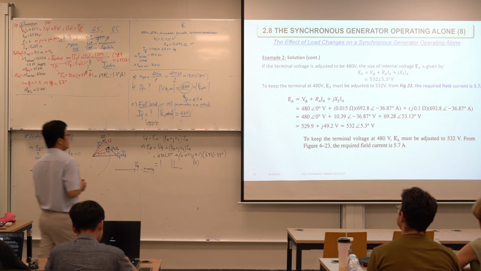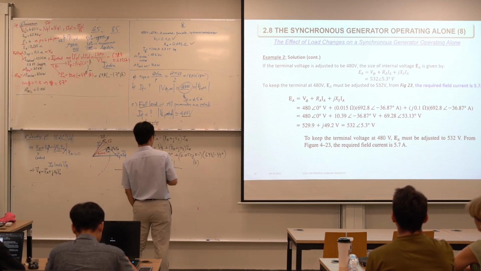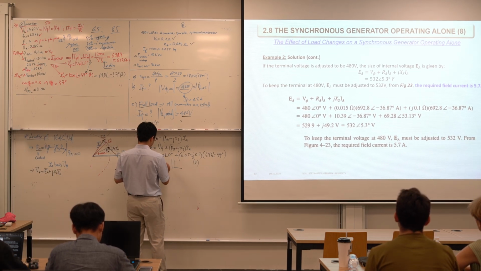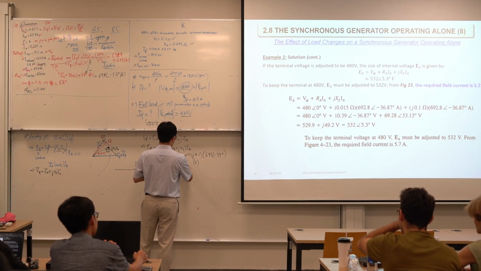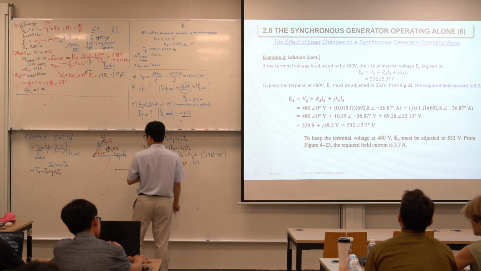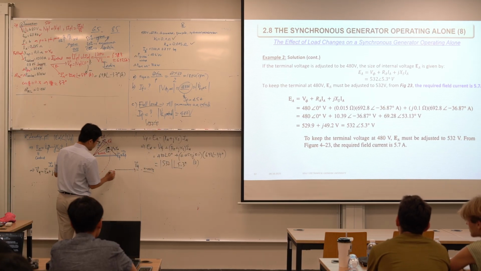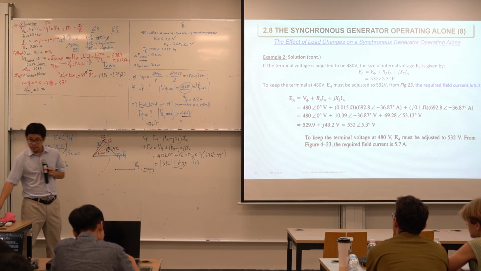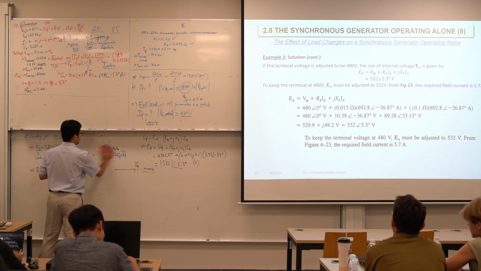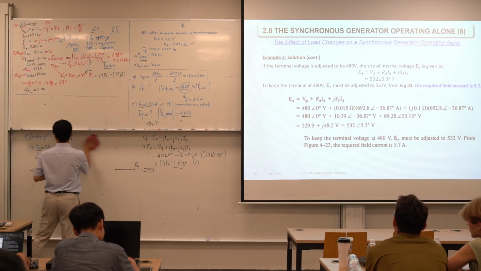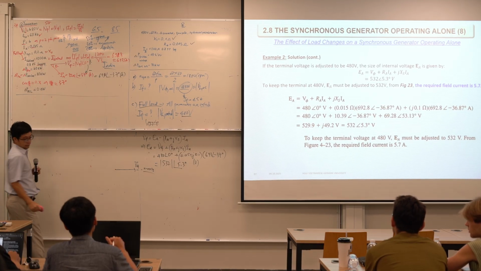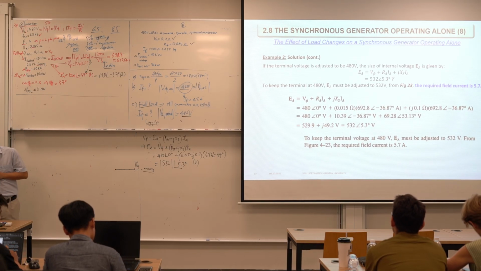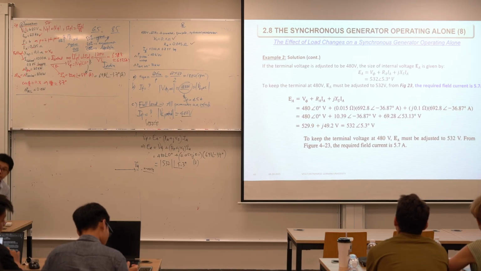So we can get 532 with 5.3 degrees. This is correct. Is that right?